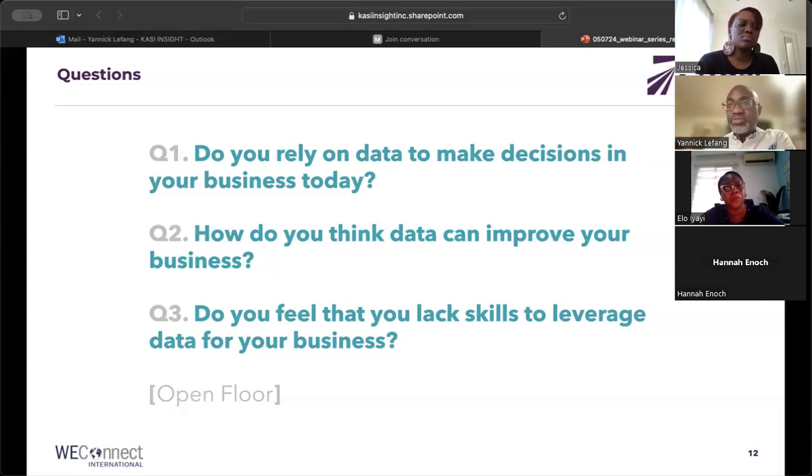So I think that's one challenge that we have, and different countries have different dynamics. Of course, if you think about a country like South Africa, there's a lot of data there. I think it's probably one of the countries where a lot of consumer data is available.